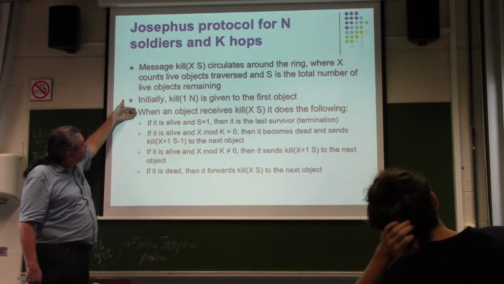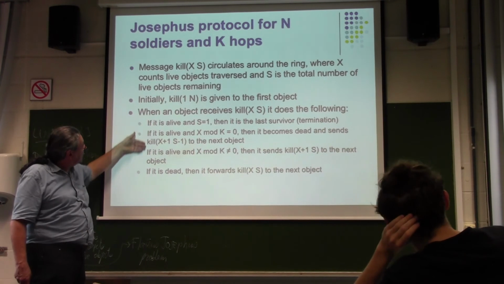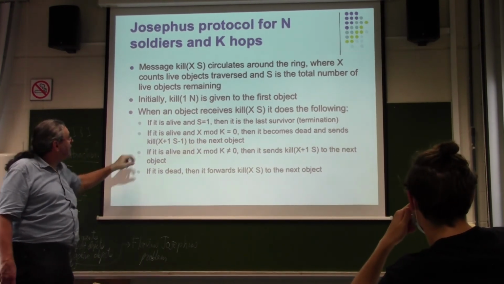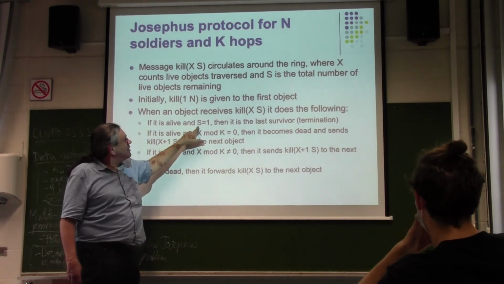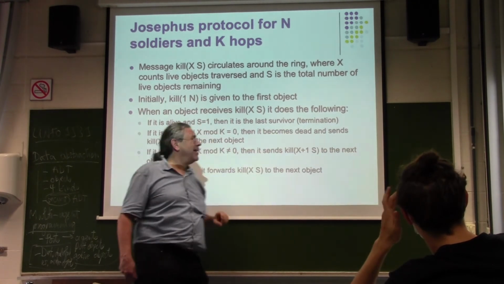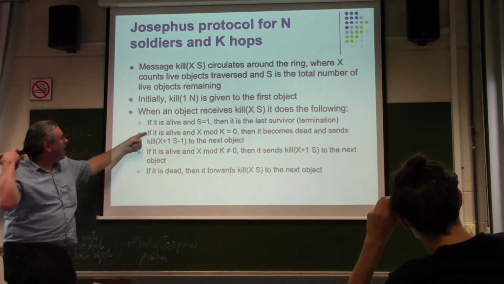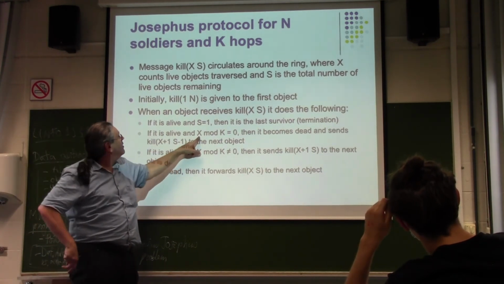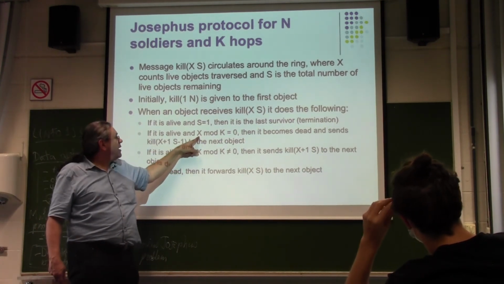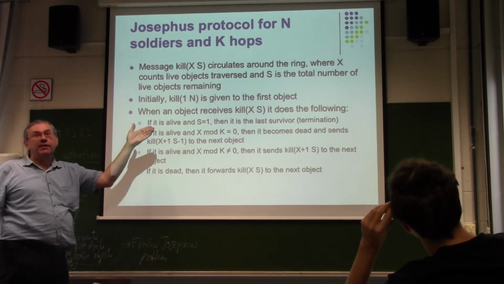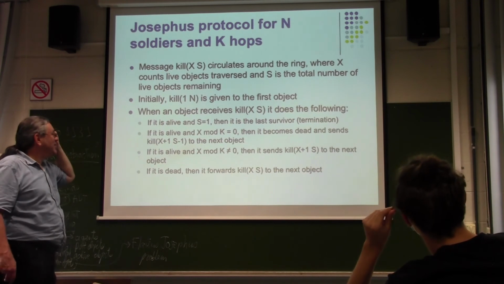And then when an object receives kill(x, s), it follows a set of rules, okay? So if it's alive and s is equal to 1, yes, we're done. It is the last survivor, okay? If it is alive and x mod k is equal to 0, so it's a multiple of k, for Josephus' case, 1, 2, 3, poor guy who receives that message, okay?